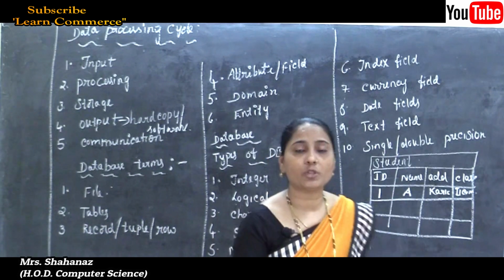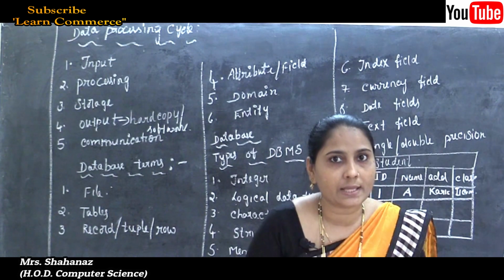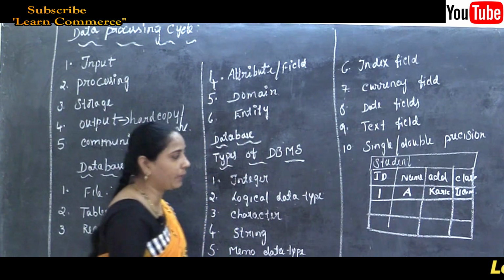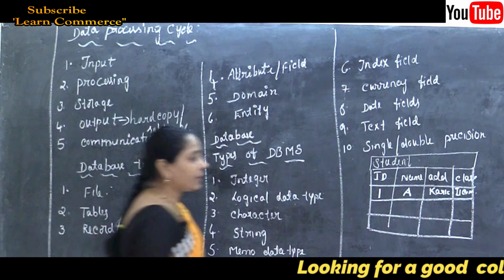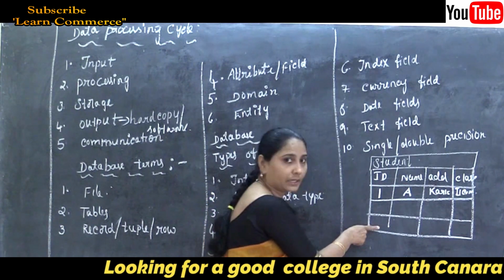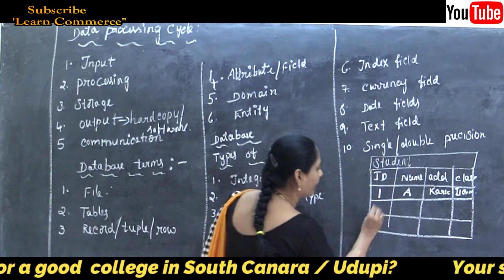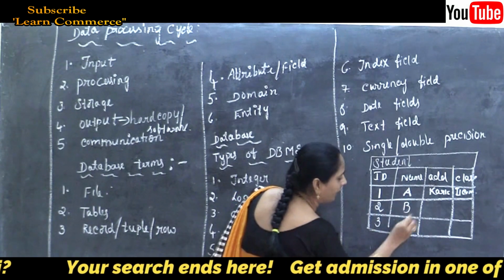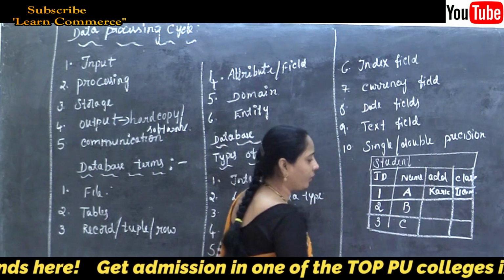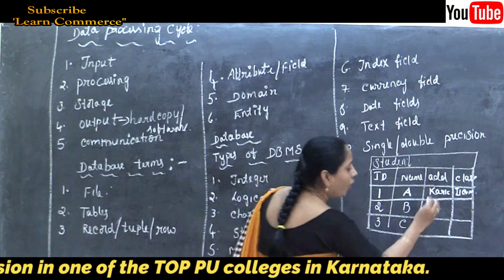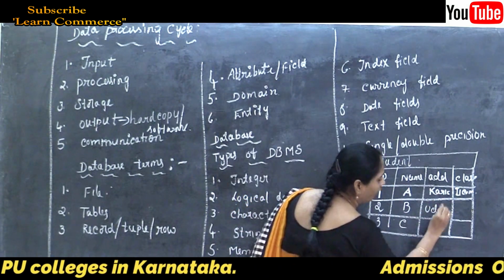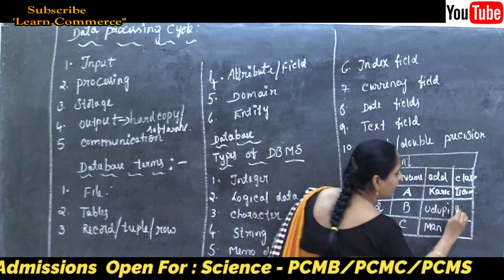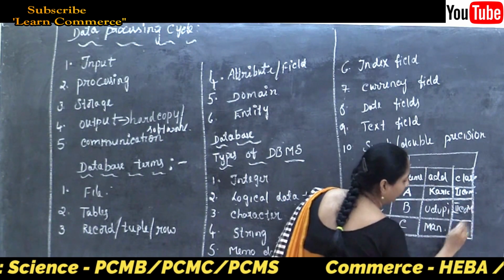And the next one, the third thing, is about the records. How many records are there in our table here? Totally there are 3 records. Clear this point? Because this one is 2 and this one is 3, or maybe the student names B and C for our next records, or maybe the address is Udupi, or the next address is Mangalore, and maybe the students are from the class second commerce only.